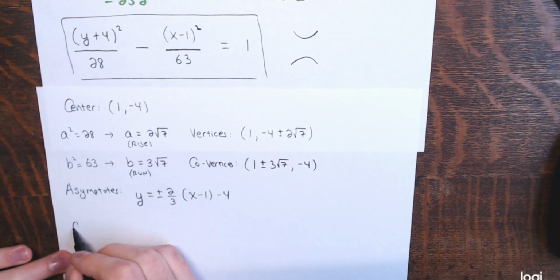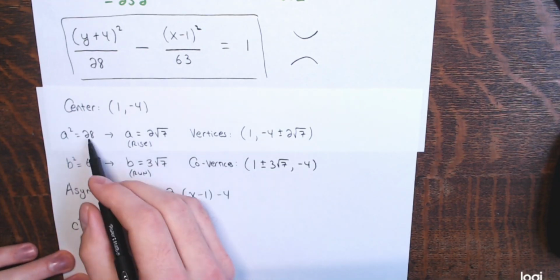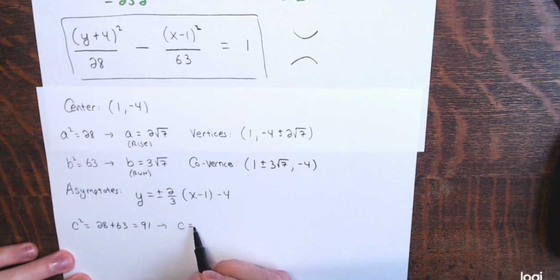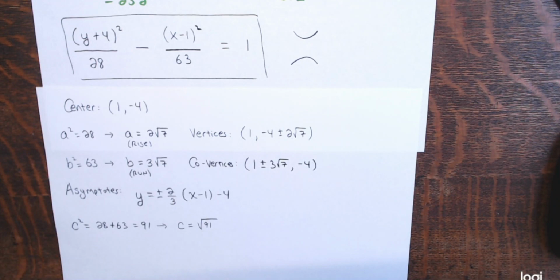And then finally, c squared is a squared plus b squared, right? 28 plus 63, which would be 80 plus 11, that's 91. So c would be the square root of 91. Right, square root of 91. I'm pretty sure 91 is prime.